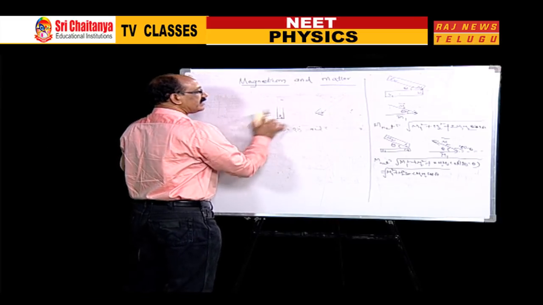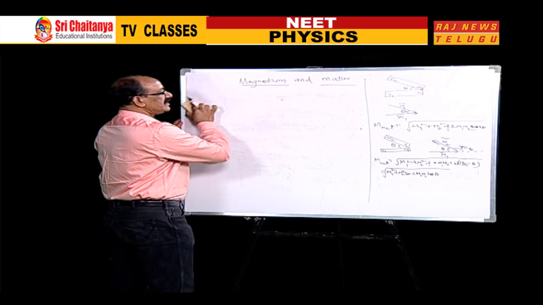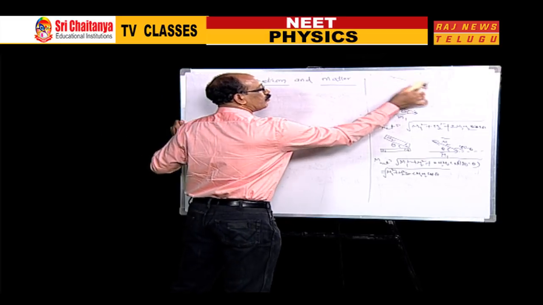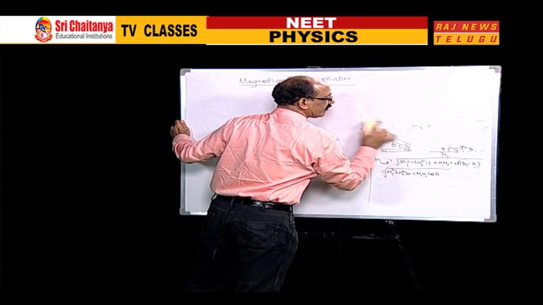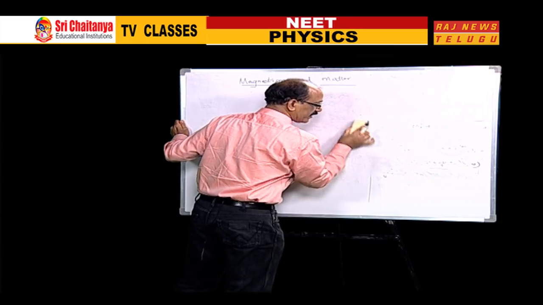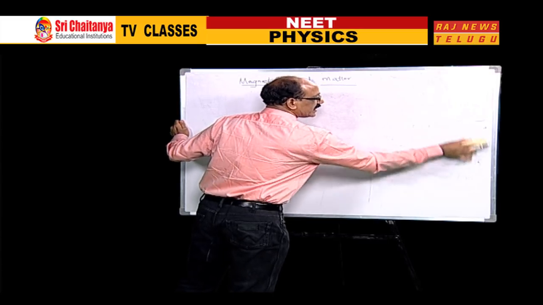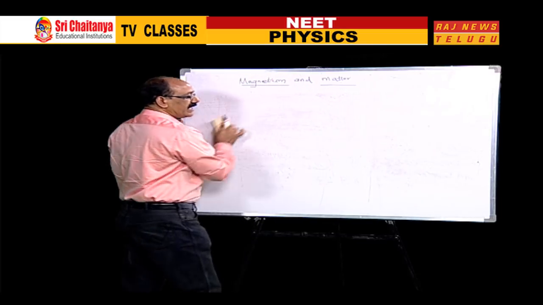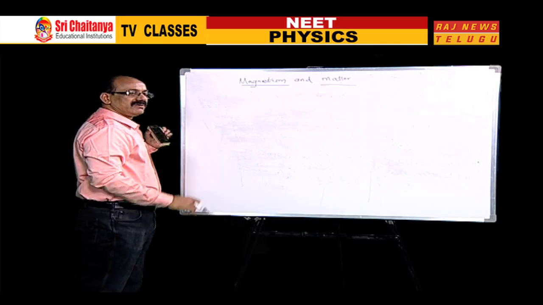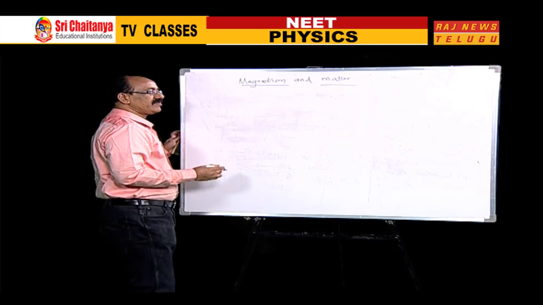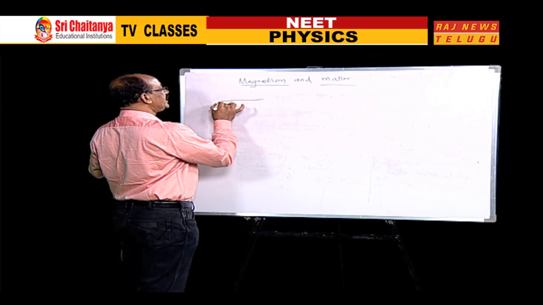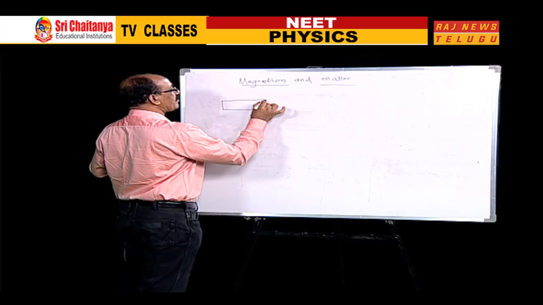Now, if it is a bar magnet having pole strengths m each, that is, both the poles of a given bar magnet will have the same magnetic pole strength, because the number of magnetic north poles of the molecules and the number of magnetic south poles of the molecules are usually equal, if you take a symmetric bar magnet.